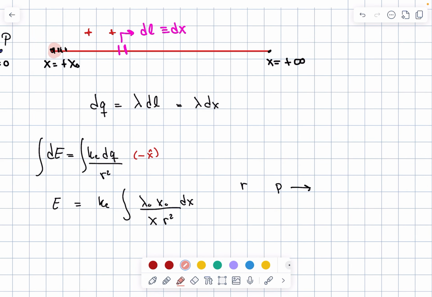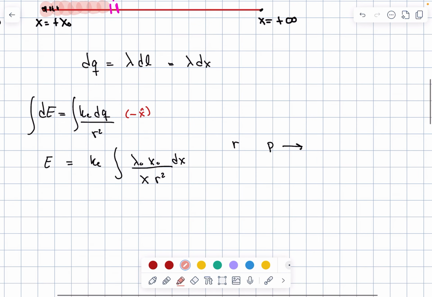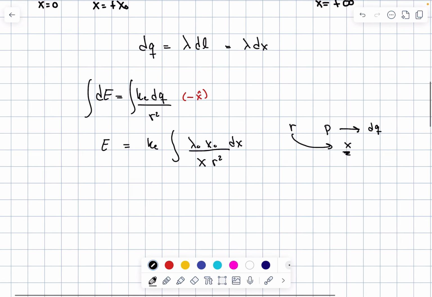So we might start off with this one and then this one, and we're adding them all up. The distance from our point to our charge dq changes, and it depends on x, so r is equal to x.